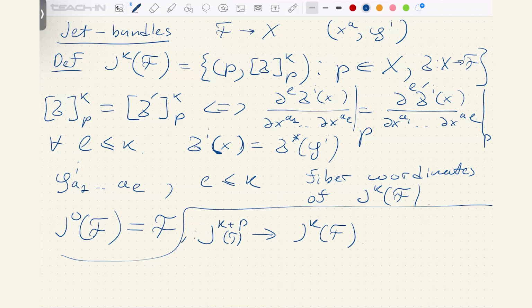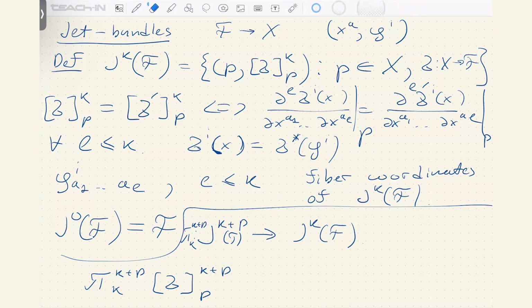Let's say this is pi^{k+p}_k. It acts on the equivalence class of sigma at the point x. I just denote by x the point. It's fine. It gives by definition the same section, but understood as a representative of the equivalence class of order k, right?